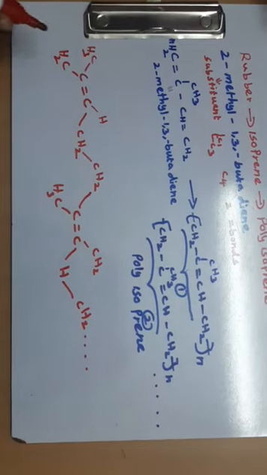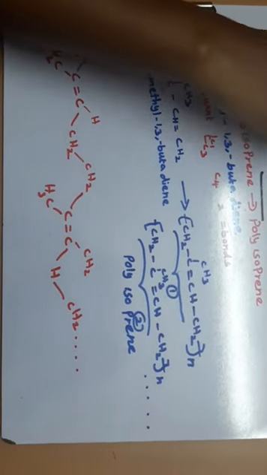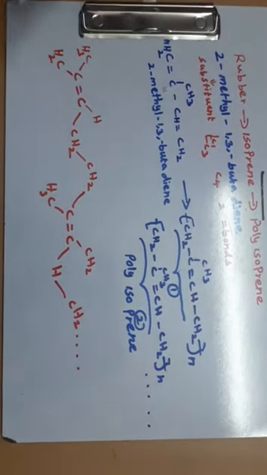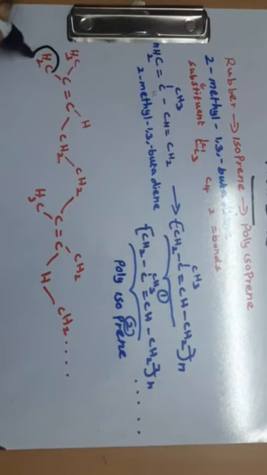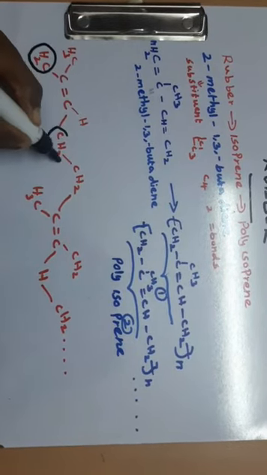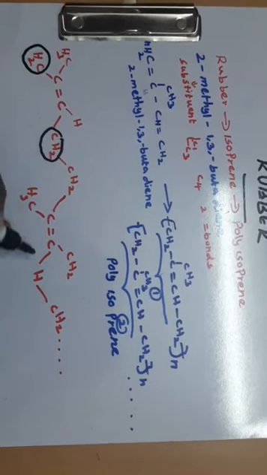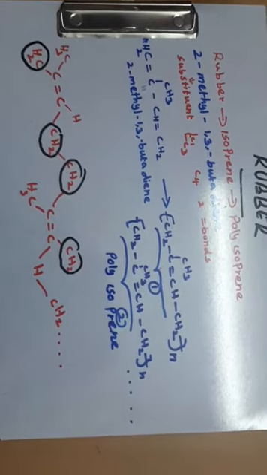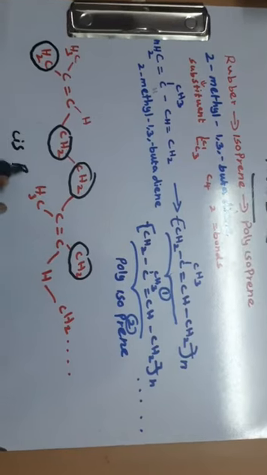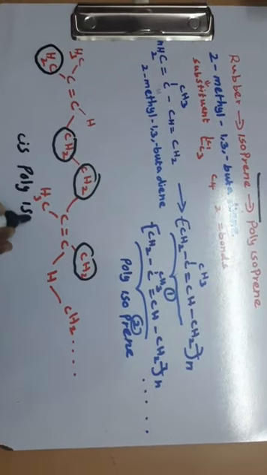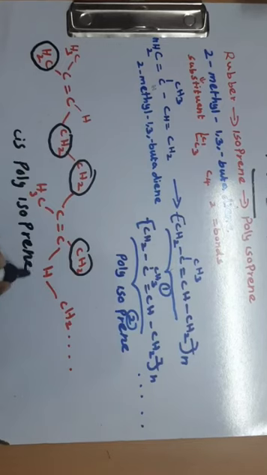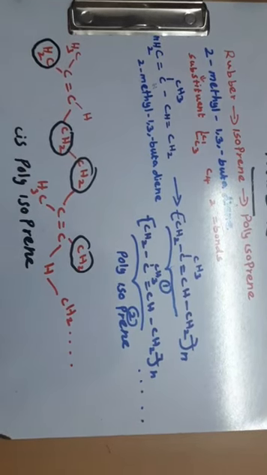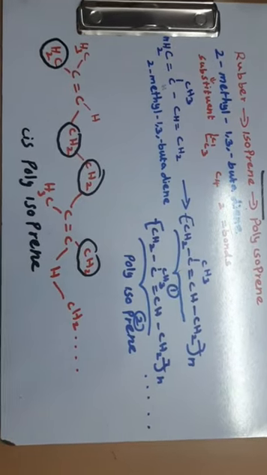Because here you see that all the methylene groups are present on the same side. In this hydrocarbon chain, all the methylene groups are present on the same side. This is called cis polyisoprene. Okay, this is a natural rubber.